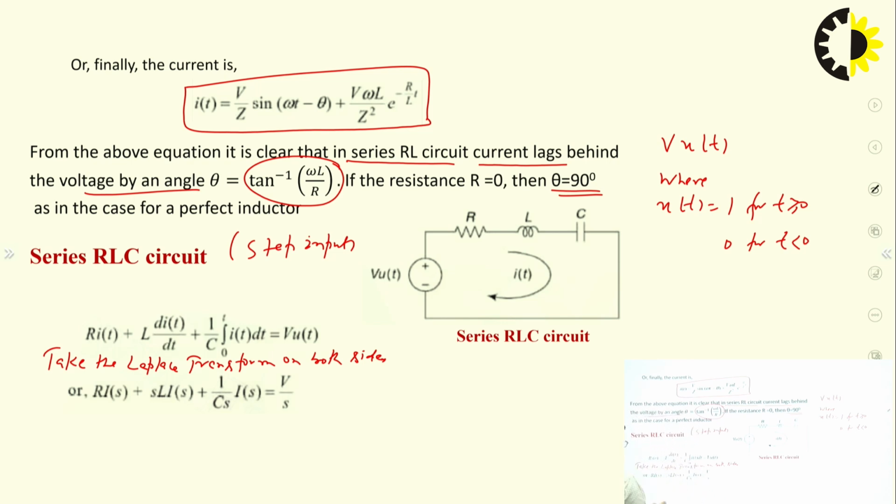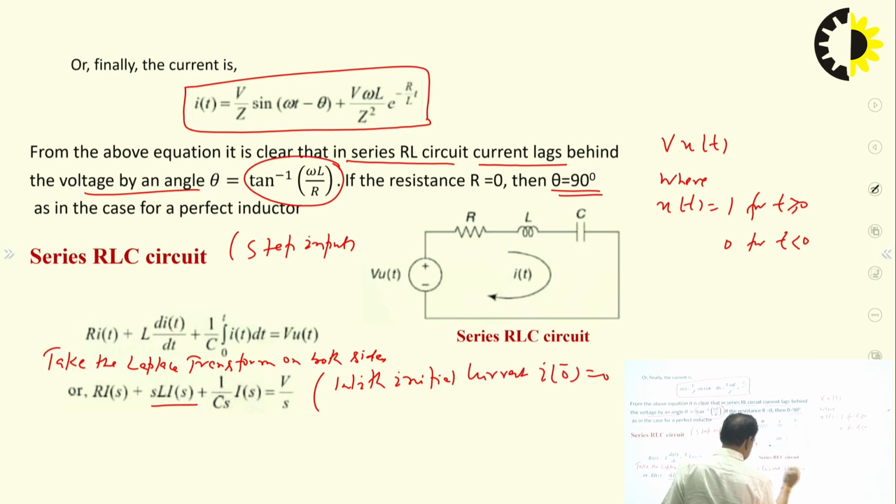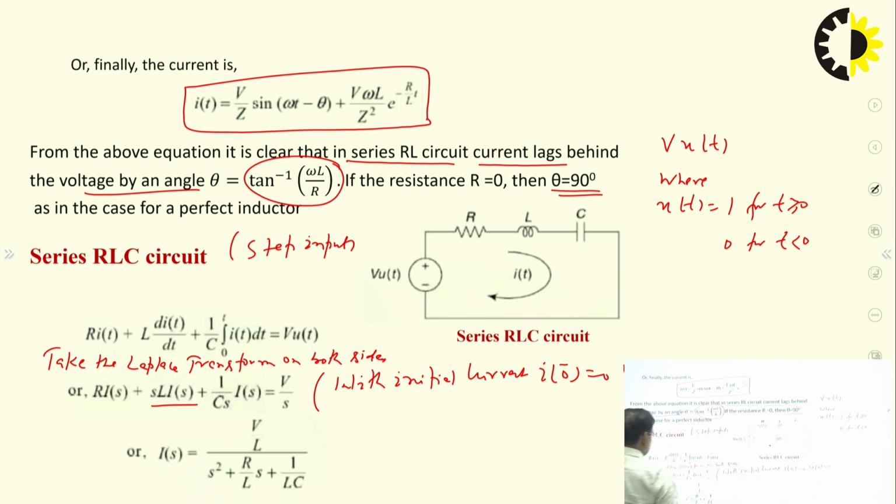Again with initial current I0 equal to 0, and the voltage across the capacitor, or charge across the capacitor, q upon C, V0 equal to 0. So setting the initial conditions to 0, or we can say that the circuit is initially relaxed, there is no initial condition. So we can get the value of I(s).